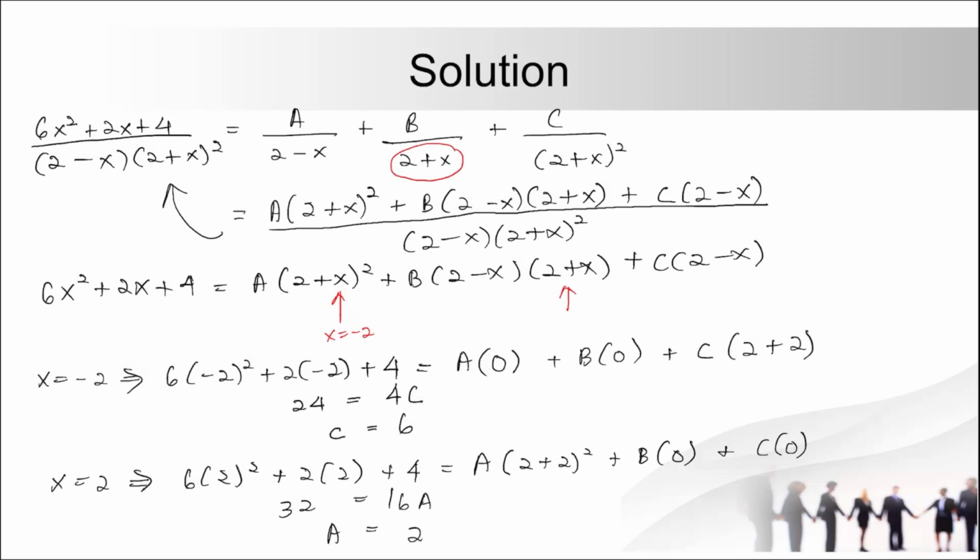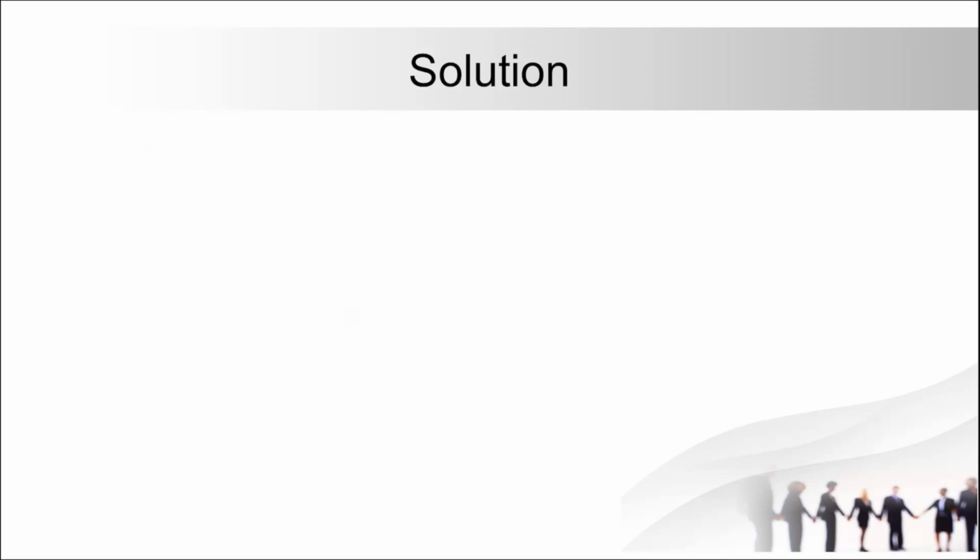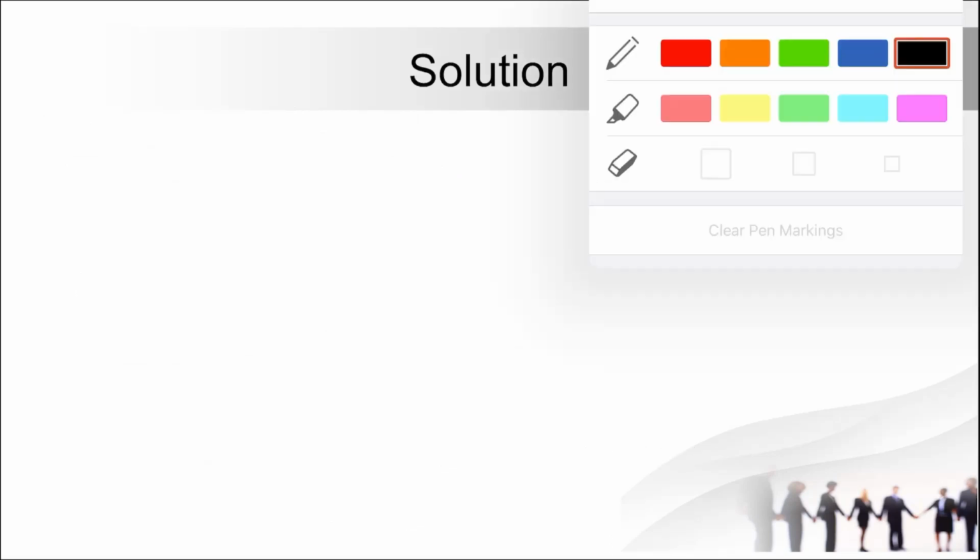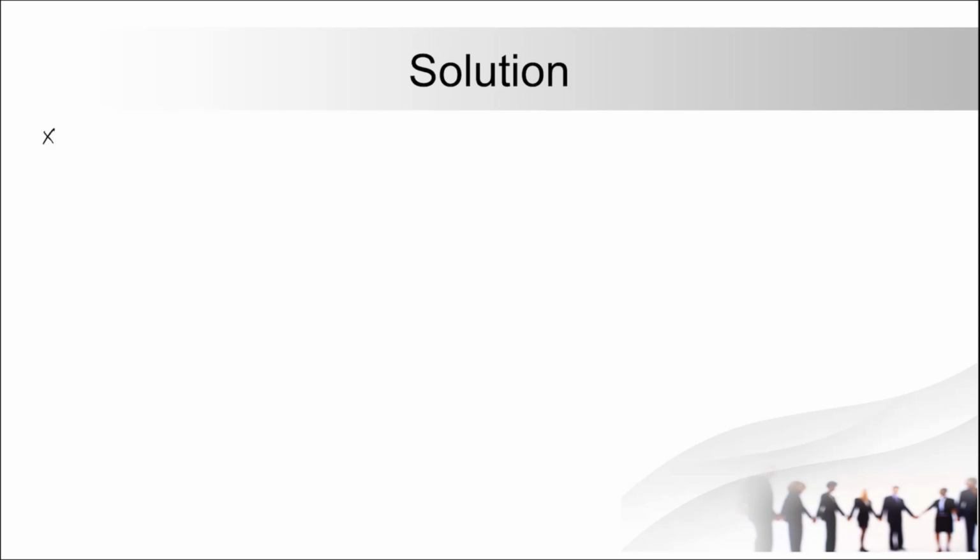Okay, now we have the values of A and C. The next step is to find the value of B. We can choose any value of x except for 2 and negative 2. So I will choose x equals 0. When x equals 0, substitute in the equation. You have 4 equals A times 2 squared plus B times 2 plus C times 2.